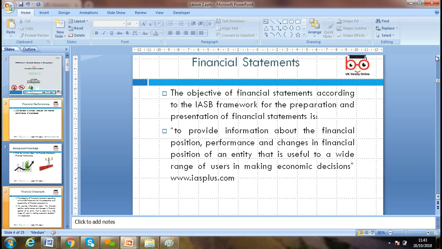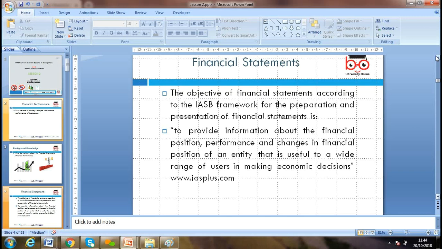How we put our income and expenditures, and it needs to be true and fair information. All information needs to show what the company is worth. If I say my asset, my property, is 100 million, it should be 100 million, not more or less. That is what it's all about.